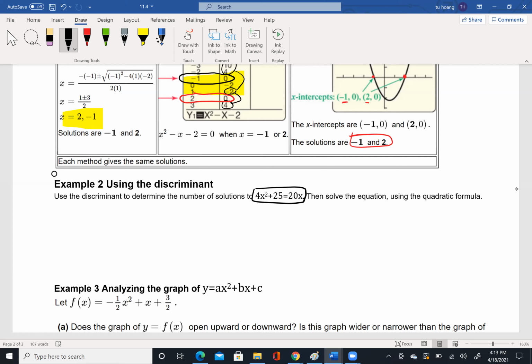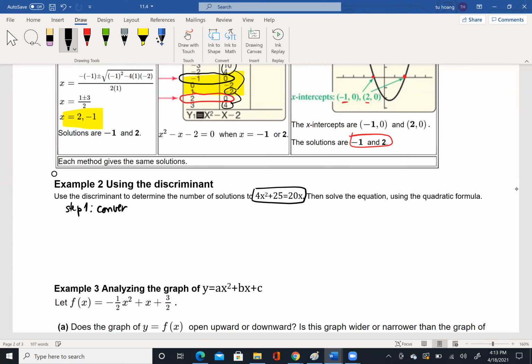So how can I change it? I want to move the 20x to the left hand side so that the right hand side becomes 0, right? You see that?